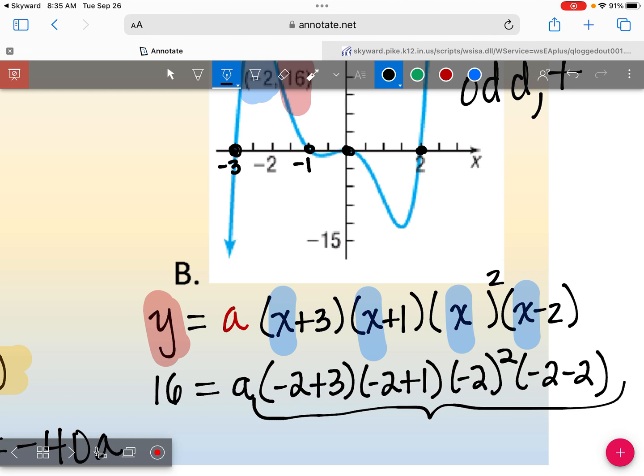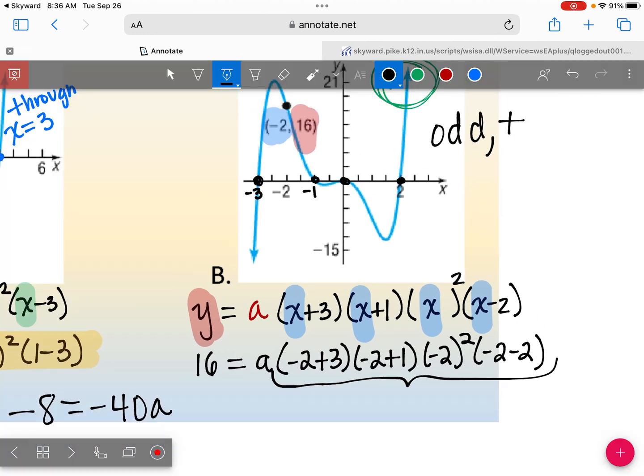Go ahead and type that in your calculator. I think you should get a equals 1.